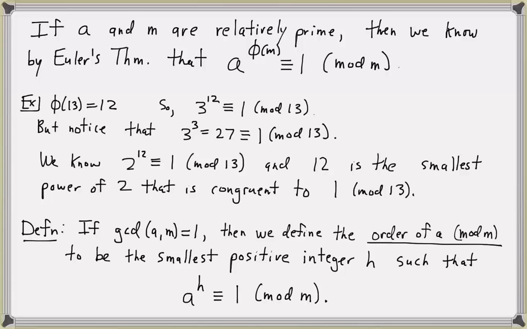Let's look at some examples of orders of elements. So let's look at residues mod 13. Okay, so all the numbers between 1 and 12 are relatively prime to 13, so they all have an inverse mod 13, and therefore each one will have an order mod 13.